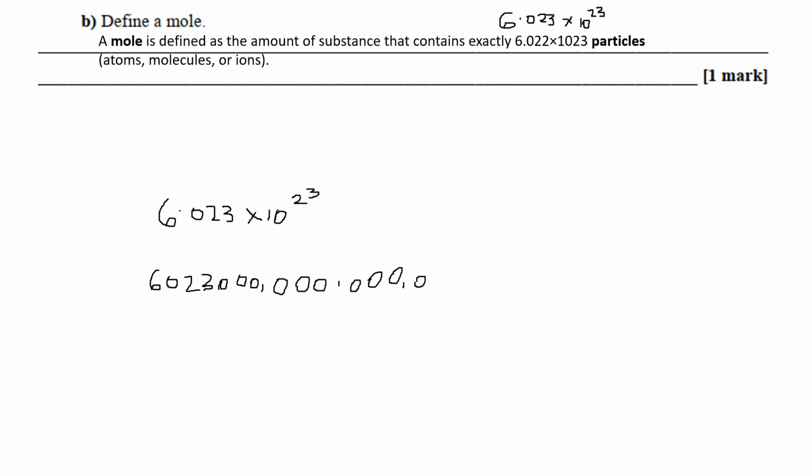It's quite a big number, students. The meaning of 6.023 times 10 to the power 23 is this number. Very big number.